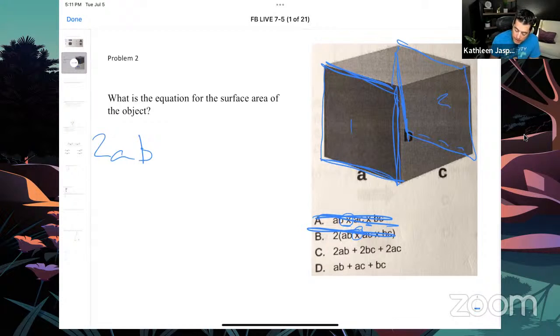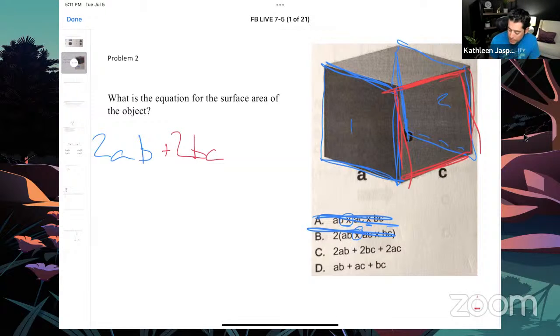Then we have to do the next set of sides. Let's just, for illustrative purposes, give you a different color. So now, what if I want to do this side here? That becomes BC. So add the area of BC, but how many BCs are there? There are 2.